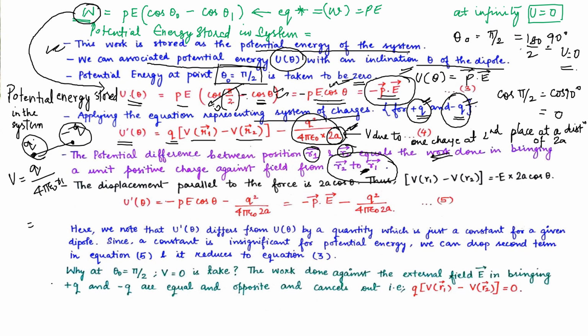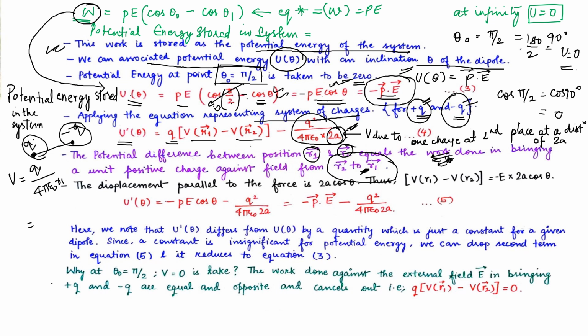Whatever field is coming from r2 to r1, there will be some force due to this field, and this will try to repel the positive charge. Now this positive charge is a test charge which we are bringing from infinity to that point in between the charges q1 and q2 at position vectors r1 and r2.